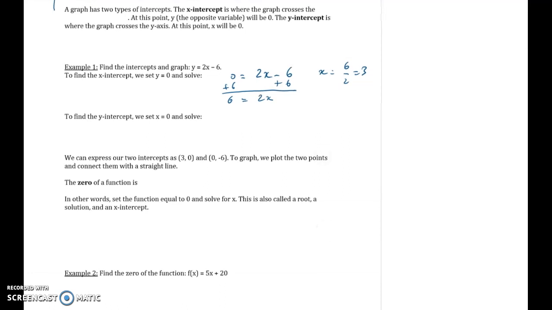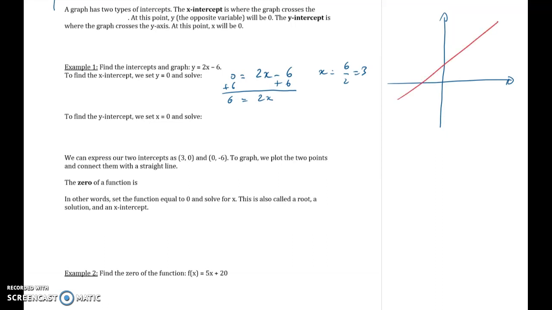By the way, why do we have to set y equals 0 to find the x-intercept? The x-intercept is the point of intersection between your graph and the x-axis. So if I graph a Cartesian coordinate system, and I know that y equals 2x minus 6 is a line, let me graph a line.